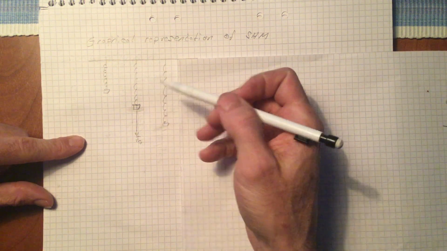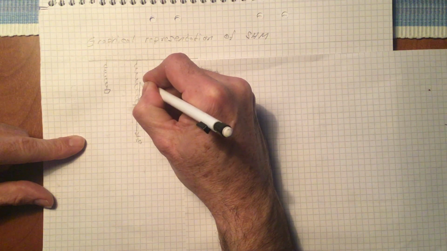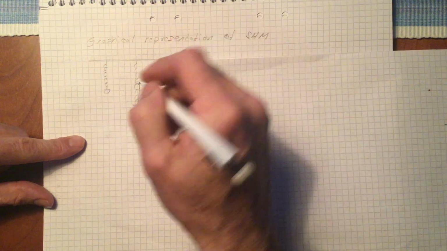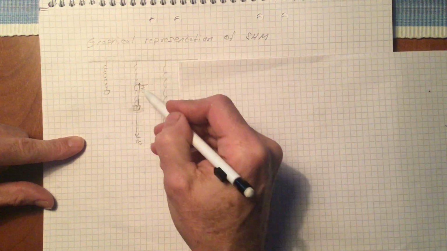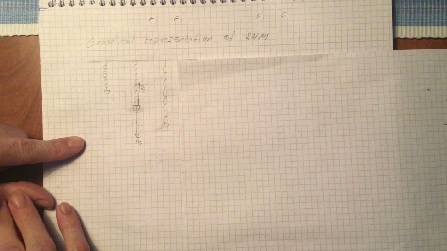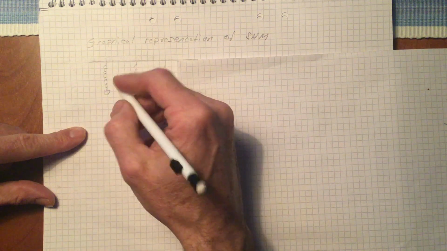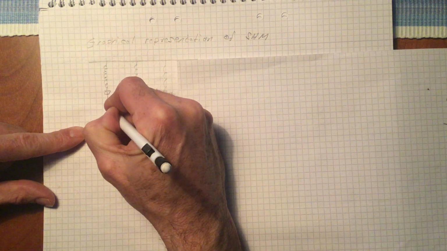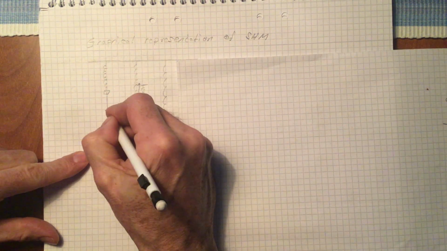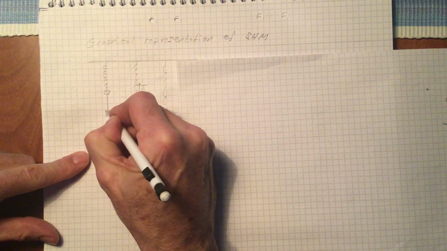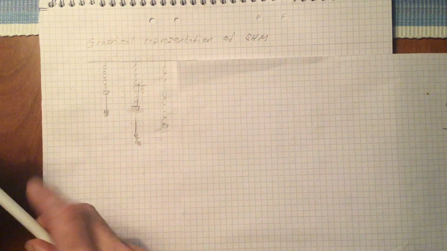So the force from the spring has the same size but in the opposite direction, like this. Let's call it Fs, and they have equal size. Now, in this case, we have, of course, the same weight.